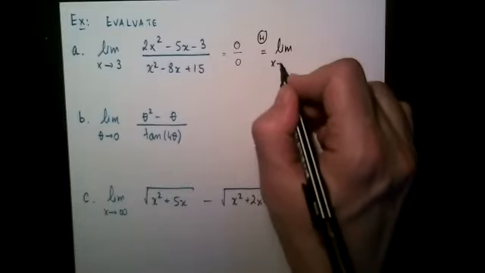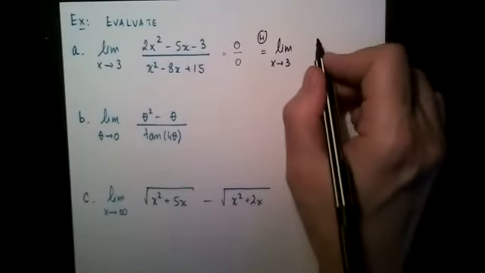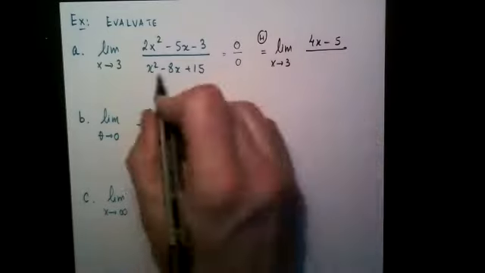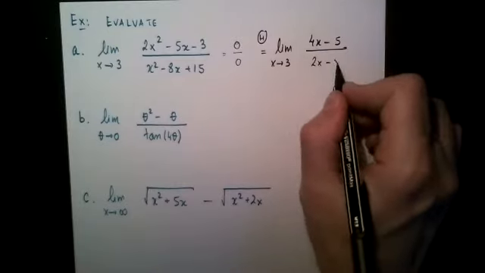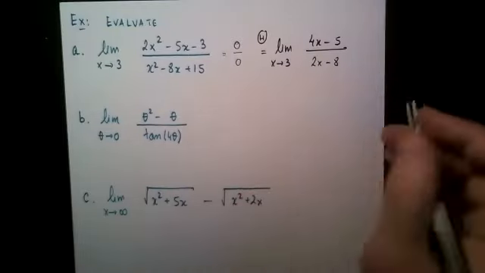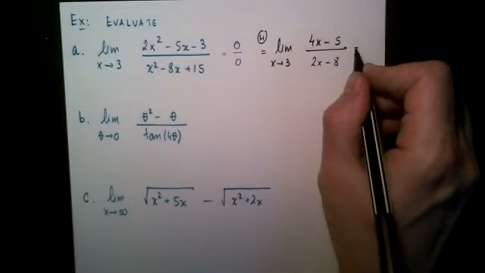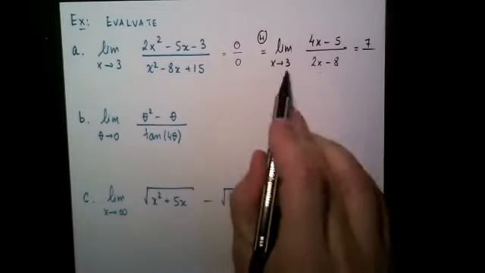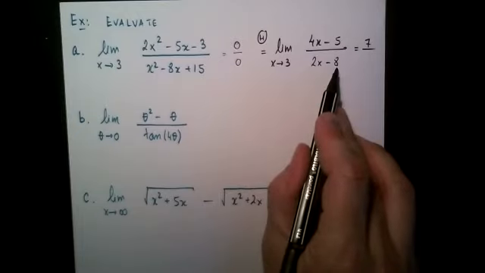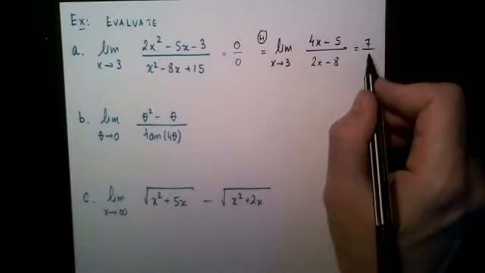Limit as x approaches 3, derive the top, you get 4x minus 5, and the derivative of the bottom is 2x minus 8. Now you plug in 3: on top I get 12 minus 5, which is 7. On the bottom, you get 6 minus 8, and it's negative 2.